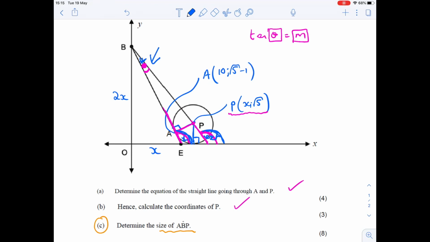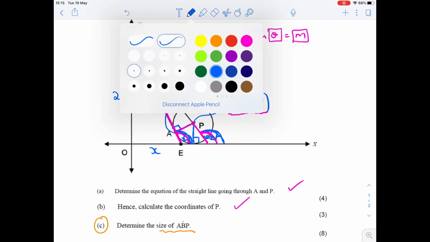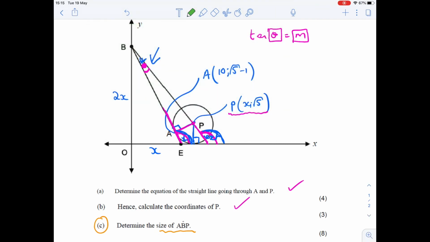So now I need to think of a strategy to go and find those two angles. Now, this angle here is manageable because we already know that the gradient of this line here is -2. So if the gradient is -2, I can find that angle there using tan of the angle equals -2.